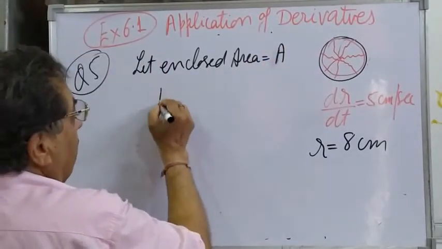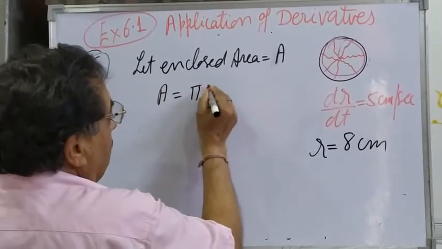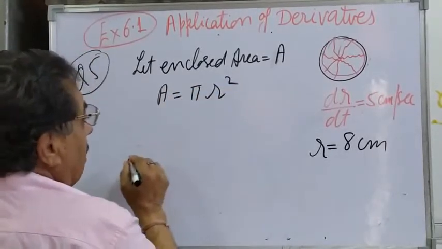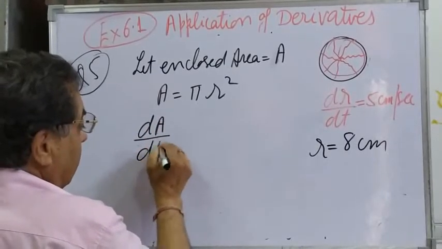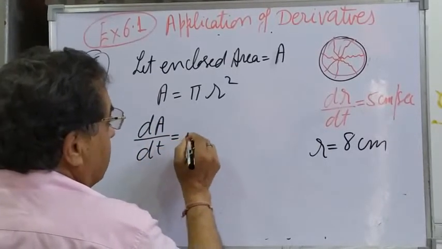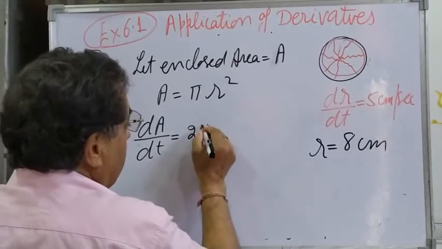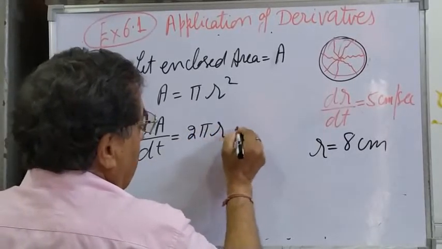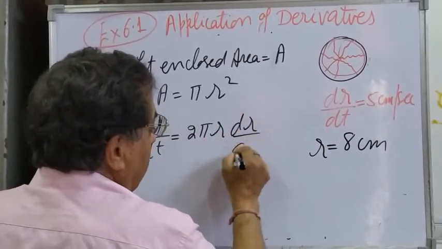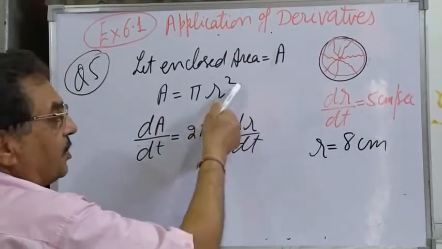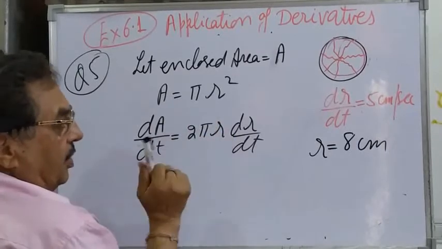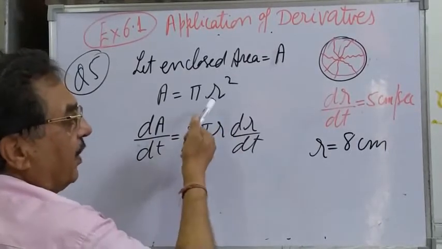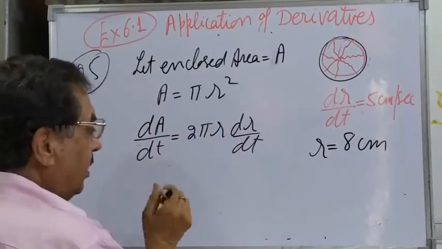Then we know A is equal to pi r square, and we are supposed to find dA by dt, which is 2 pi r dr by dt. When we differentiate r square, we get 2r according to the chain rule method of differentiation, times dr by dt.